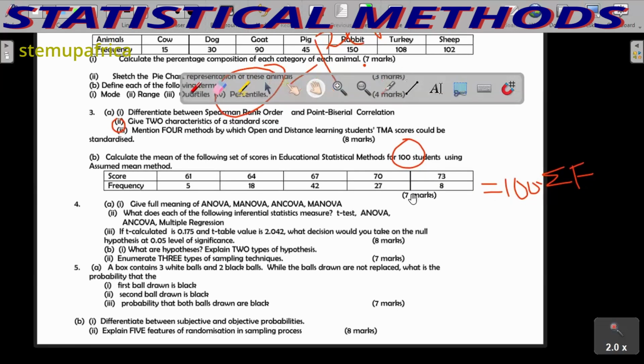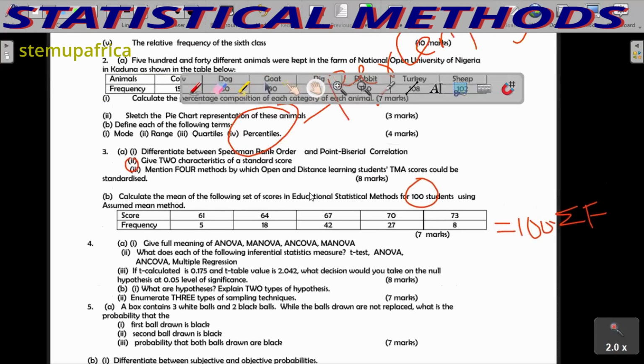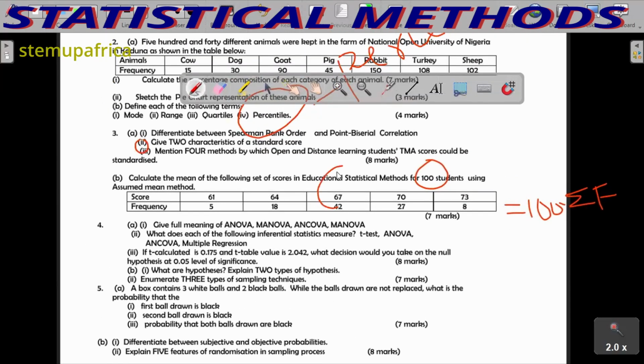No, that method is okay. 61 plus 64 plus 67 plus 70 plus 73 will give us 335, divided by 5. That will give me 67. So you are very correct. The assumed mean is 67.